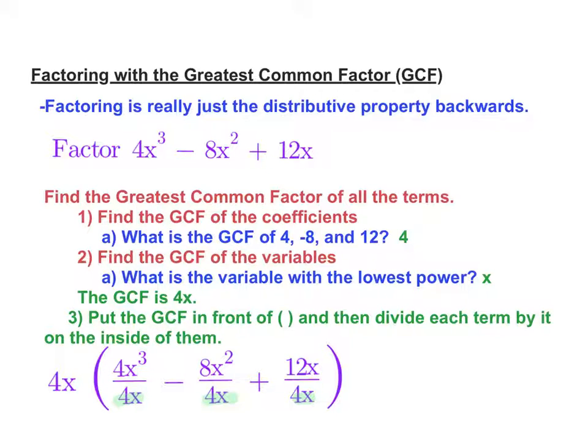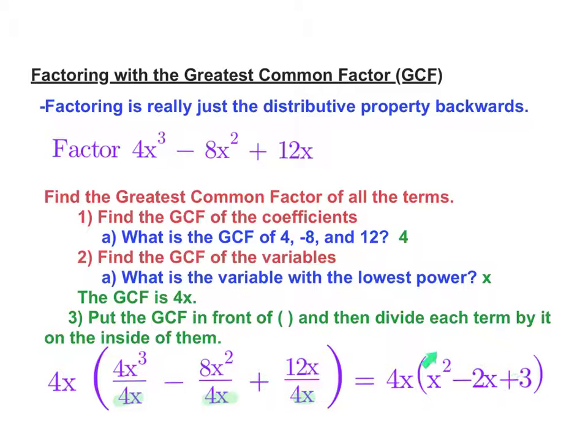Okay? So, of course, 4x to the third divided by 4x is just x squared. And then 8x squared divided by 4x is 2x. And then 12x divided by 4x is 3. So this all equals 4x times x squared minus 2x plus 3. And again, if you wanted to see if this was correct, before you move on, first check to see if these three terms have a greatest common factor anymore.